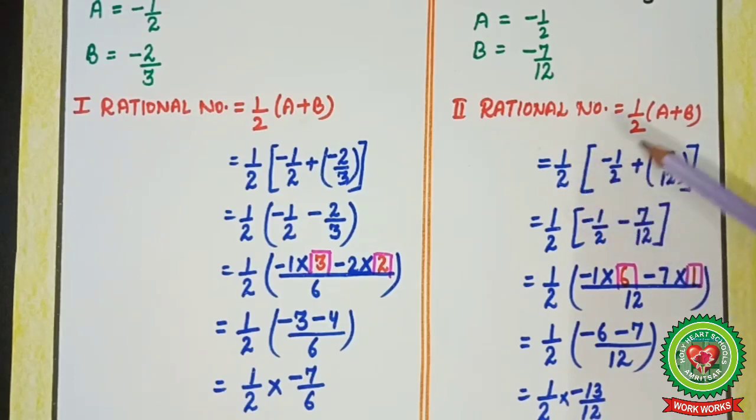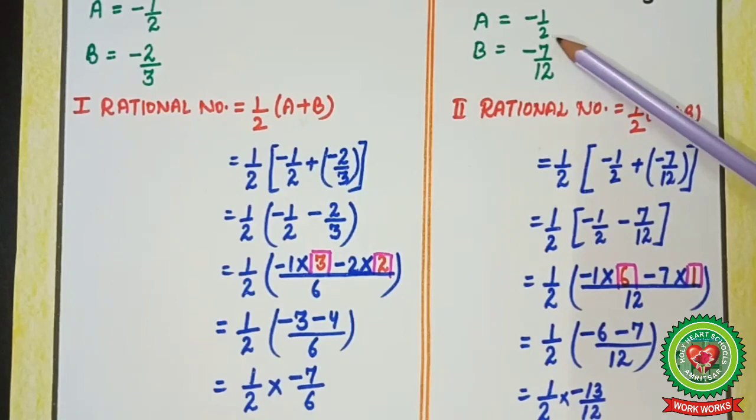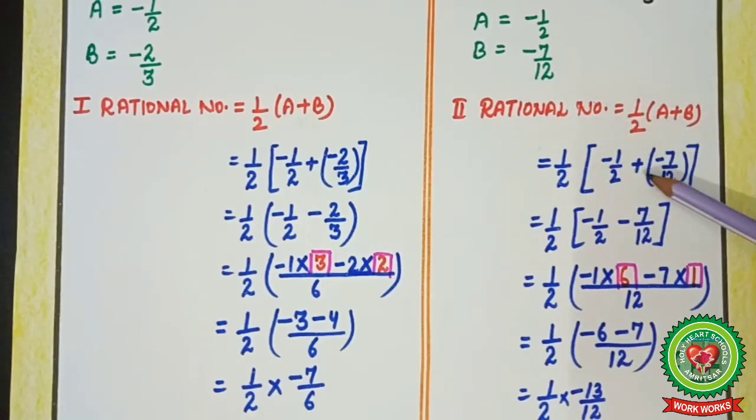So 1 upon 2 bracket value of a is equal to minus 1 upon 2 plus bracket minus 7 upon 12. So outer sign is plus, inner sign no change. So you will have minus 1 upon 2 minus 7 upon 12. Again you will take the LCM of 2 and 12, that will be 12. So minus 1 multiplied by box, minus 7 into box. So on 2 table 12 comes on 6, on 12 table 12 comes on 1.